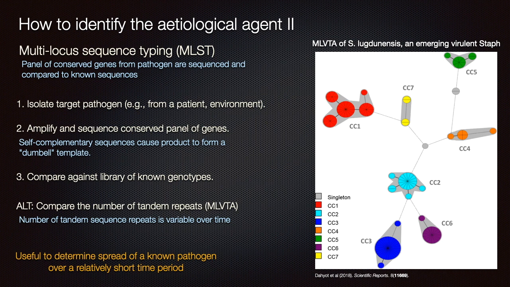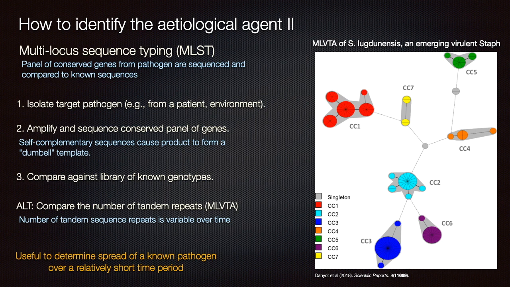If we look at CC2 in the middle of that figure in cyan, we can see that all isolates in that CC2 cluster, each of which is a circle or node, all of those isolates likely originated from the same progenitor, that gray dot above CC2.